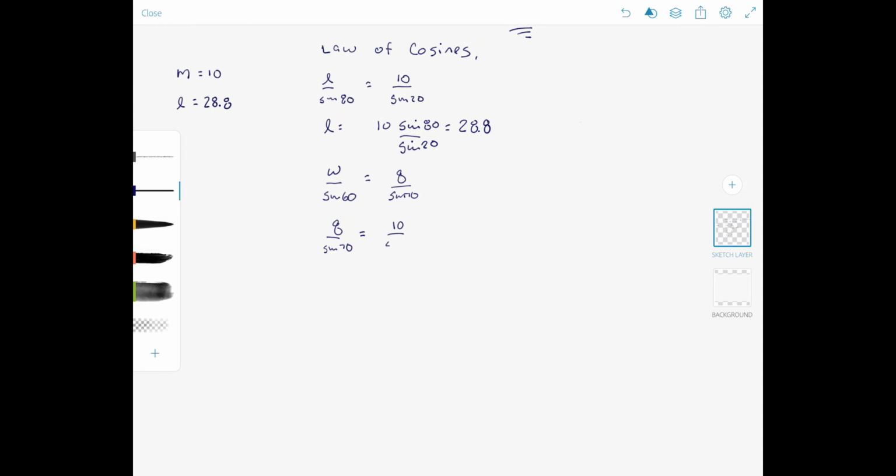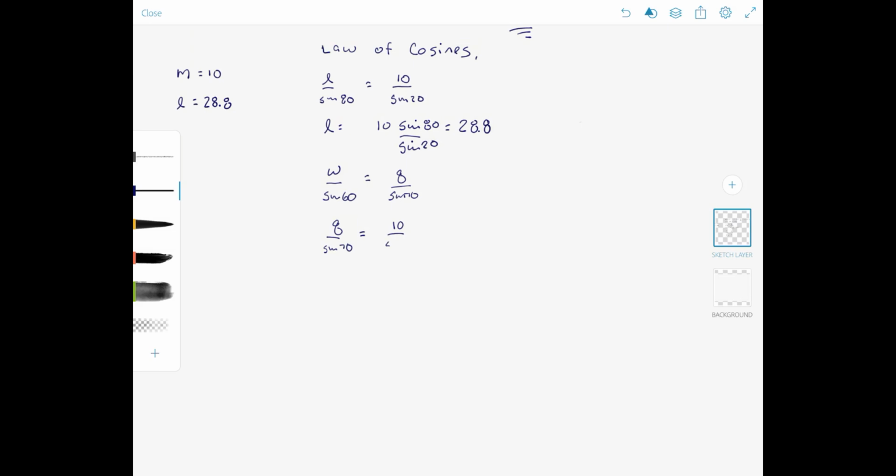Working my way up, I ended up using the law of sines for P, 13.5.